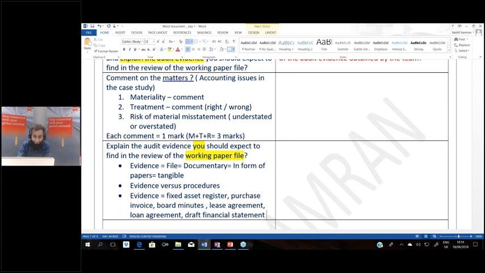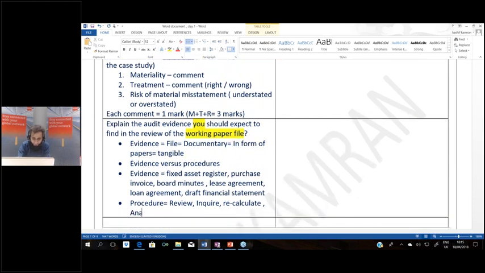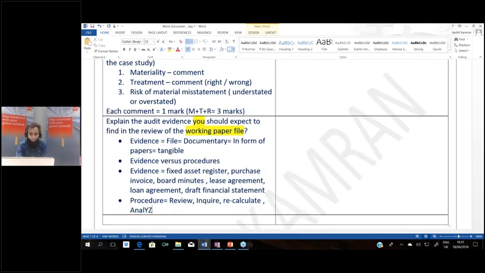But if I write a procedure, the procedure has to start with a verb. If I'm writing a procedure, I will say review, inquire, recalculate, analyze. See, they're all verbs.